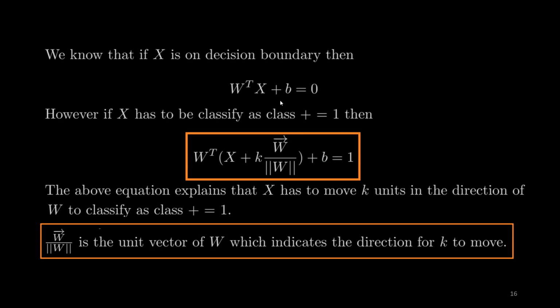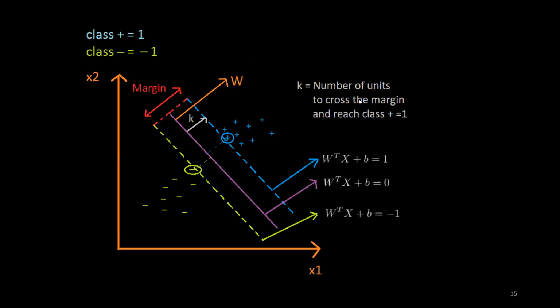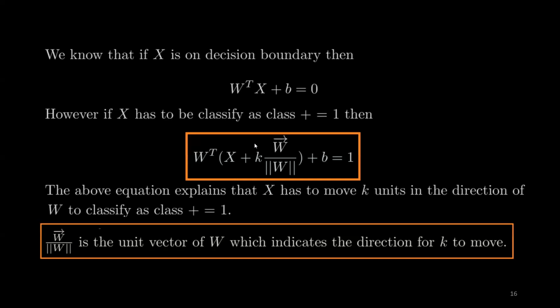So how are we adding it? This is X plus, so this X has to travel k distance. This X is our feature matrix, or it belongs to the data point. That data point has to travel k units. If I go back, k is the number of units to cross the margin and reach class 1. So it has to travel k units in order to be classified as class 1, the positive class.